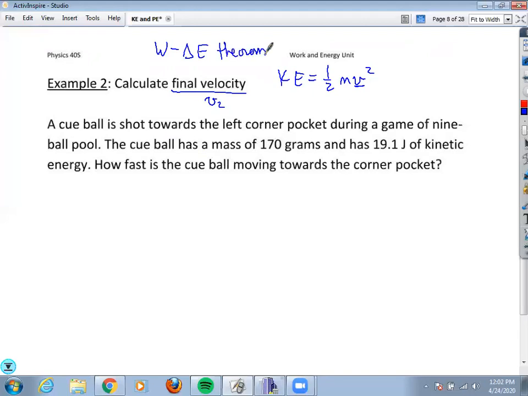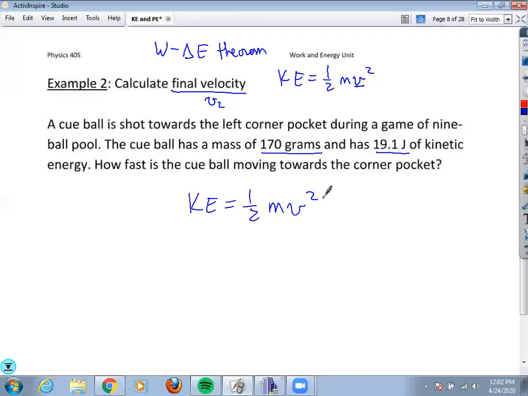So a cue ball in pool is shot towards the left corner pocket during a game of 9-ball pool. The cue ball has a mass of 170 grams, and it has 19.71 joules of kinetic energy. How fast is the cue ball moving towards the corner pocket? So here, I don't know why we said final velocity. We're assuming it's already moving and there's no change. So we will just use the formula KE equals 1/2 mv squared.